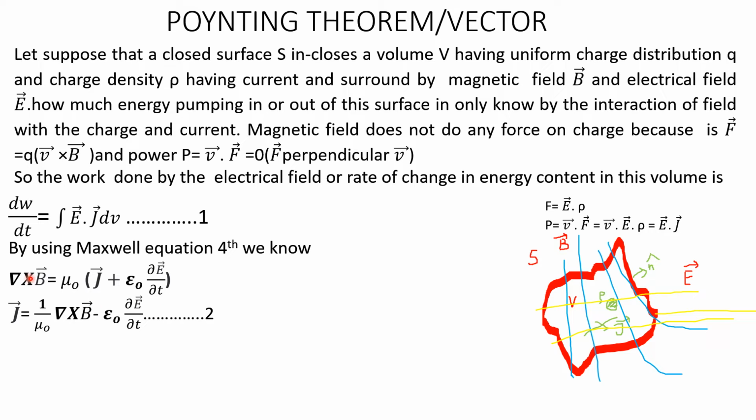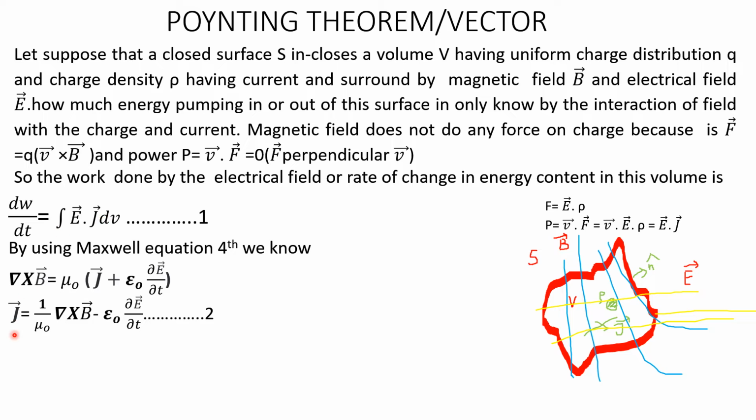With the help of this equation, I am going to find the value of J. Take mu naught to this side and epsilon naught d by dt to the other side. So my equation becomes J equal to 1 upon mu naught del cross B minus epsilon naught del E by del t. So this is my equation number 2.